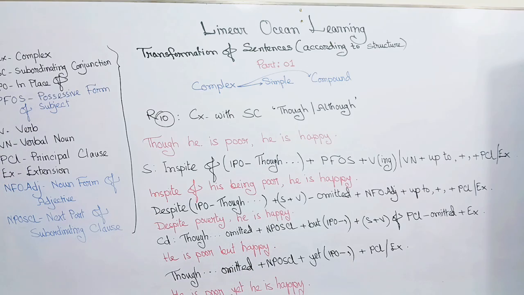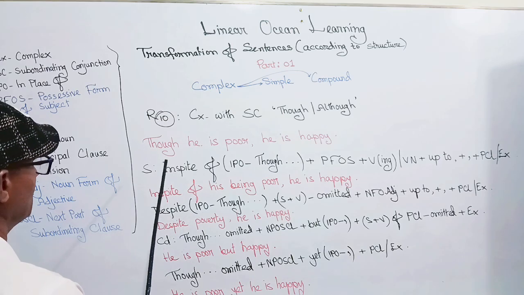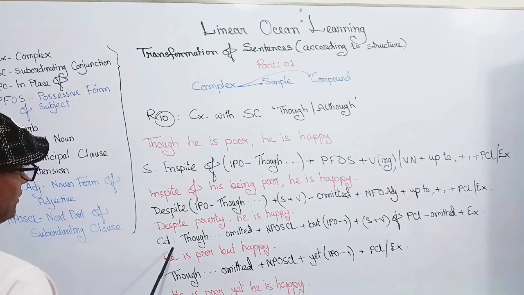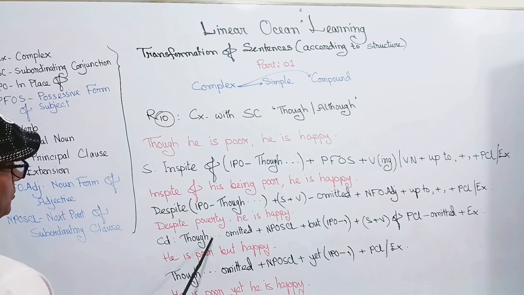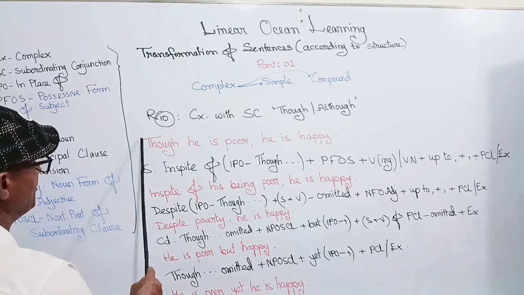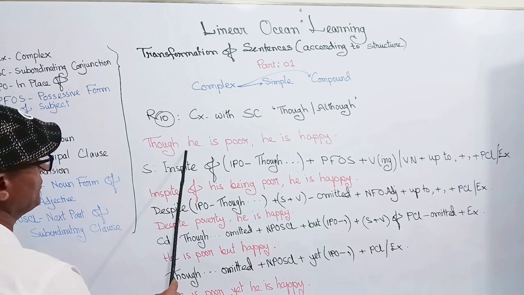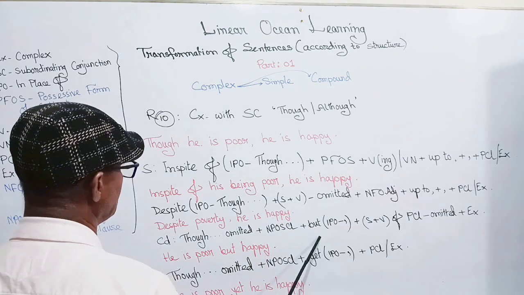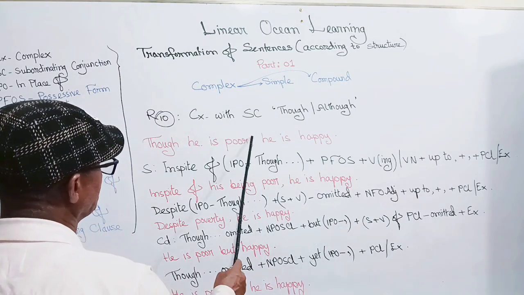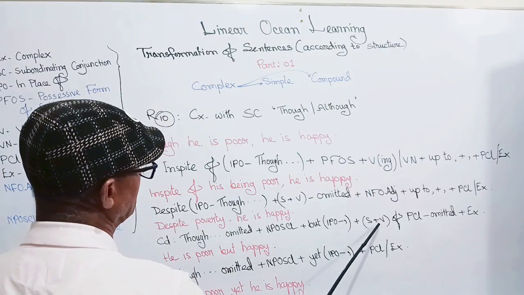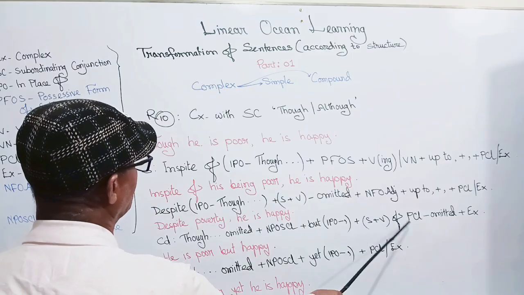Now come to the point of compound sentence from complex sentence with though or although. Structure to be followed here is though or although omitted plus next part of subordinating clause. After though or although, the next part of subordinating clause is he is poor plus but IPO comma, that means in place of comma we will have to write but plus subject plus verb of principal clause.